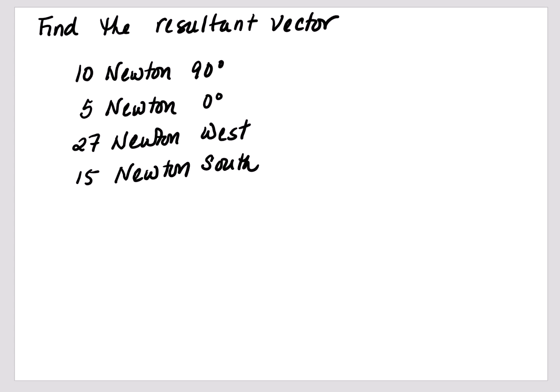So we know the first one is going north. The next one is going east. The third vector is going west. The fourth vector is going south. So I could add all the parallel vectors to make one vector.